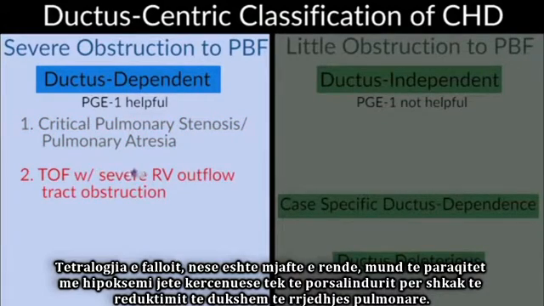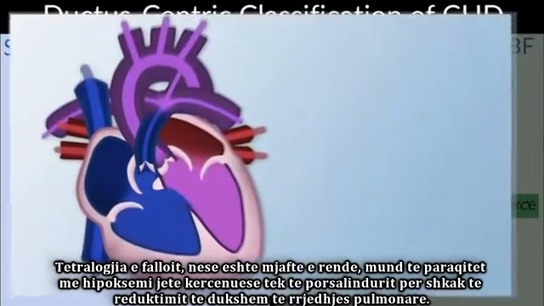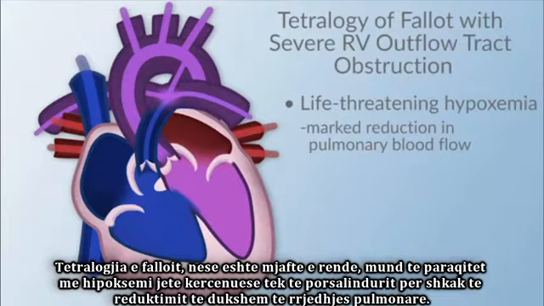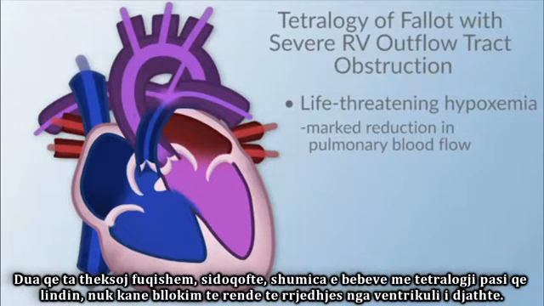Tetralogy of Fallot, if severe enough, can present with life-threatening hypoxemia in a neonate because of a marked reduction in pulmonary flow. I want to make the strong point, however, that most babies with tetralogy, after they're born, do not have severe obstruction to right ventricular outflow.